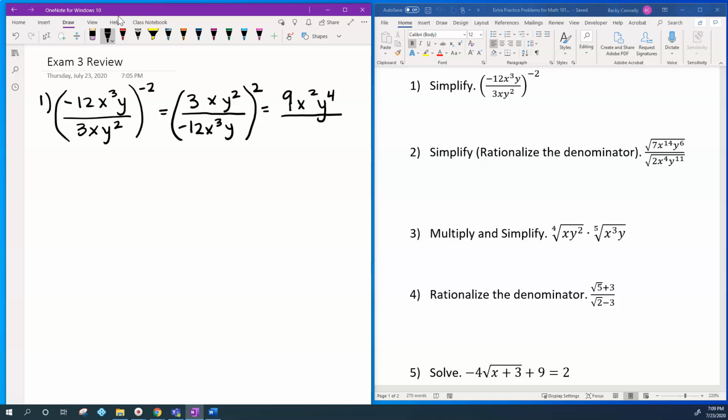So this is going to end up being a positive, right? So -12 squared is going to be 144. And then x to the 6th power is again a power raised to a power. You're multiplying those. And then y squared, right? And let me give you a minute to just finish simplifying that up, getting everything together, and see what you come up with there.